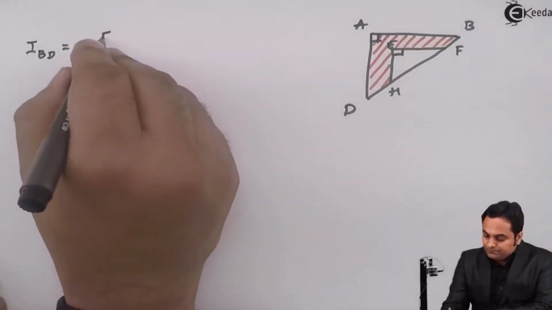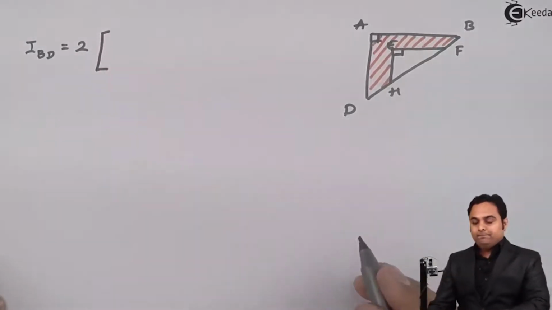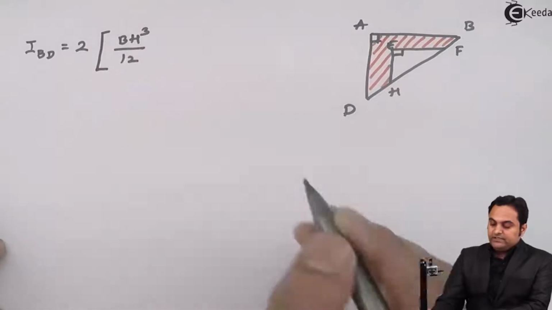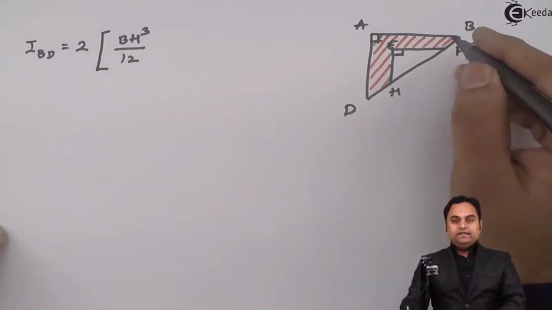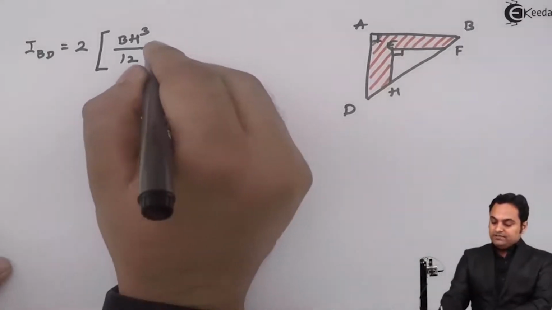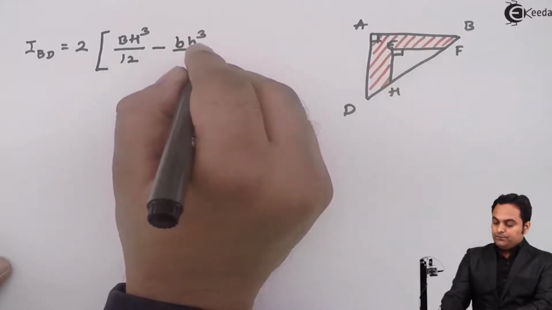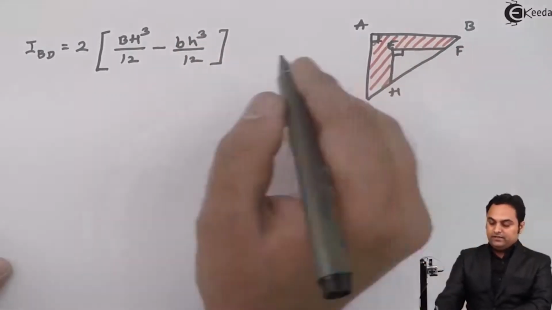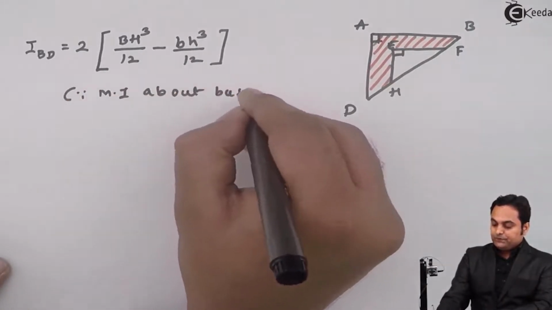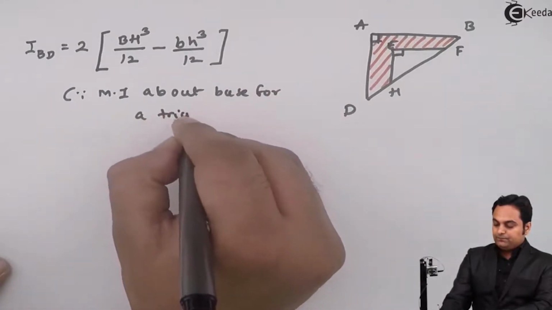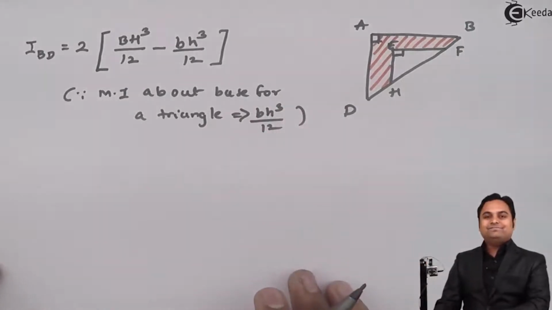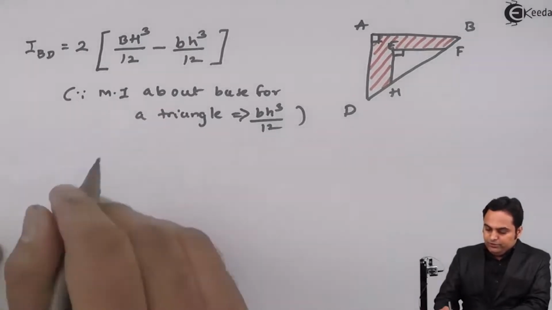So 2 into, the formula will be capital BH cube by 12, that is the capital B and H value for the outer triangle. Next, minus small bh cube by 12, that is for the inner triangle. Since MI about base for a triangle is equal to bh cube by 12, I have used this formula. So now here I'll put the values.